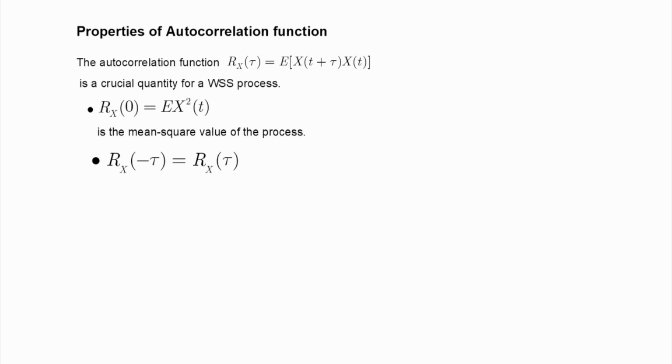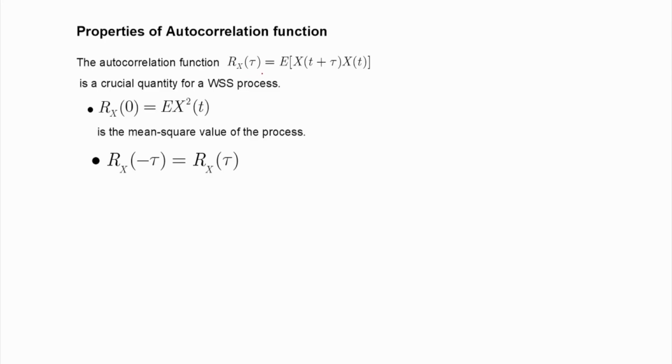And now, since it is a function of the lag parameter tau, we can define Rx(tau) is equal to E of x(t plus tau) into x(t). So, it is a function of lag tau only, because the time difference will be t plus tau minus t. That way, the autocorrelation function of a WSS process has certain properties.